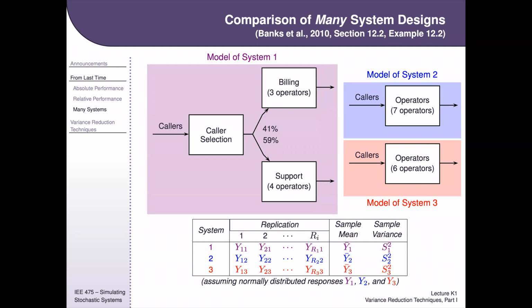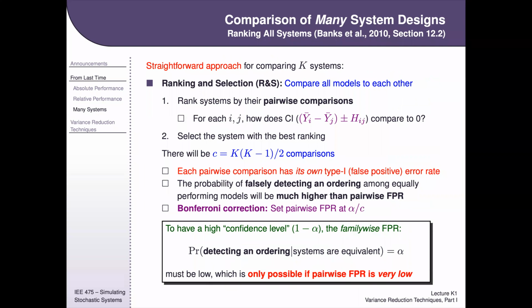I think that's it. You could go through and say, whatever the 3 choose 2 combinations there, I could compare all of those. So if I have K systems, in this case 3 systems, 3 times 2 divided by 2, 3 different comparisons. So I could compare each one of those together.